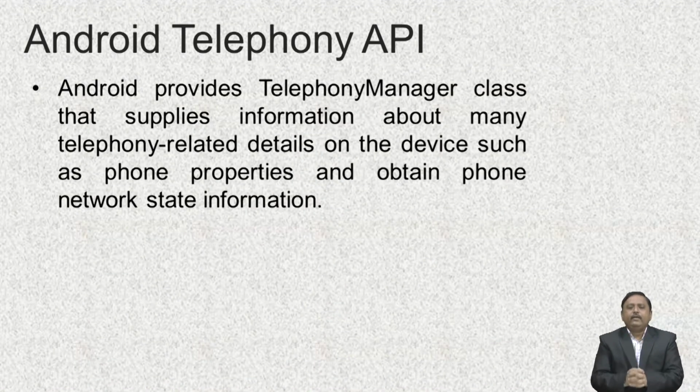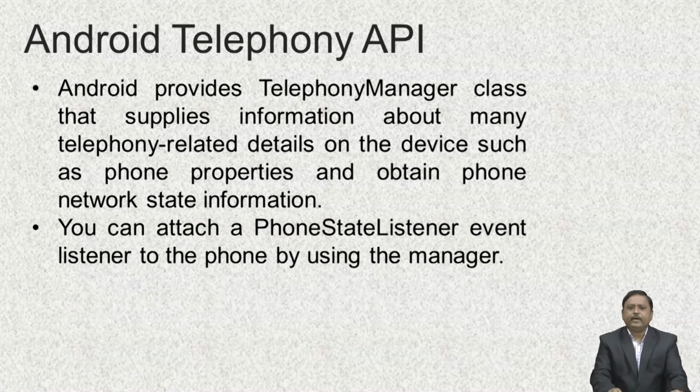Android provides the TelephonyManager class that supplies information about many telephony related details on the device, such as phone properties, and obtains phone network state information. So using this class, you can get this information, either phone properties or network state information.